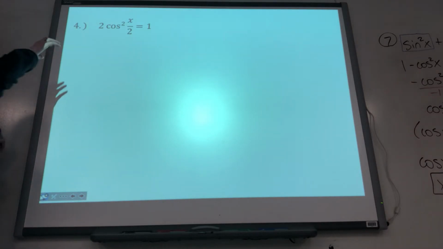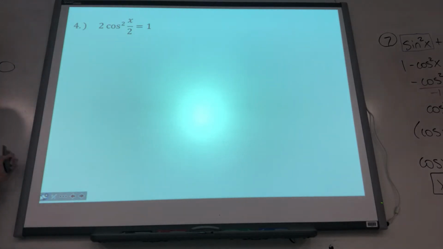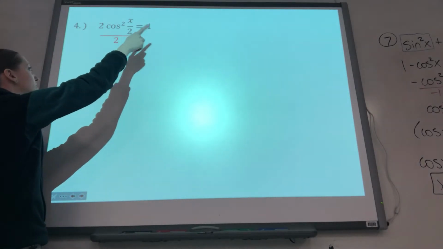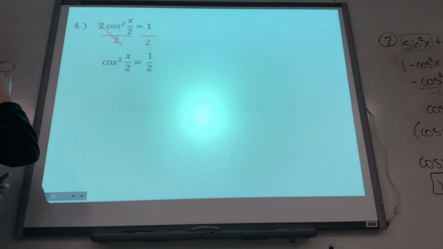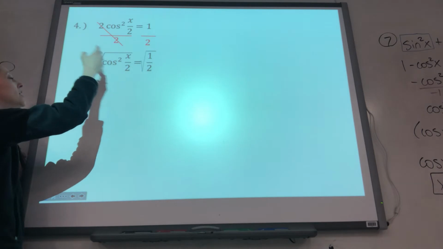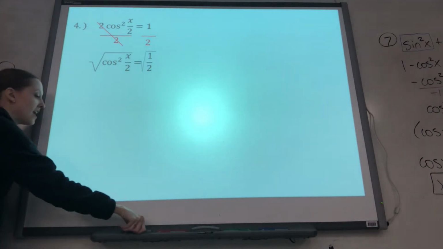So instead of square rooting both sides right off the bat, I kind of like to divide by 2 on both sides first. It always helps if you get the squared part by itself before you square root, because you want the square and the square root to cancel. So you kind of need to get that part by itself first.